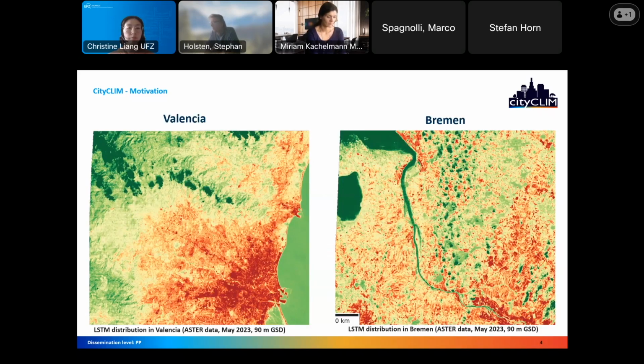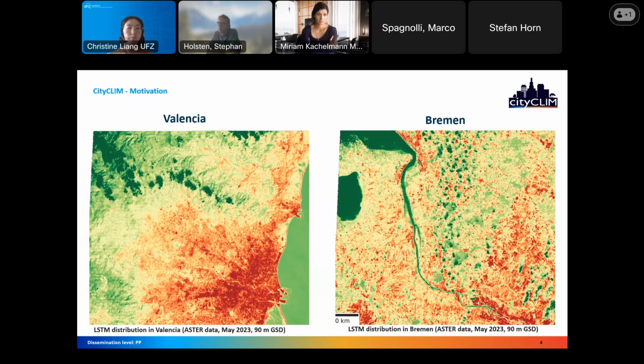Just a very brief overview to give you an impression of how heat can differ in Europe. This is an image from the ASTER satellite, showing the surface temperature in two different regions in the same month.